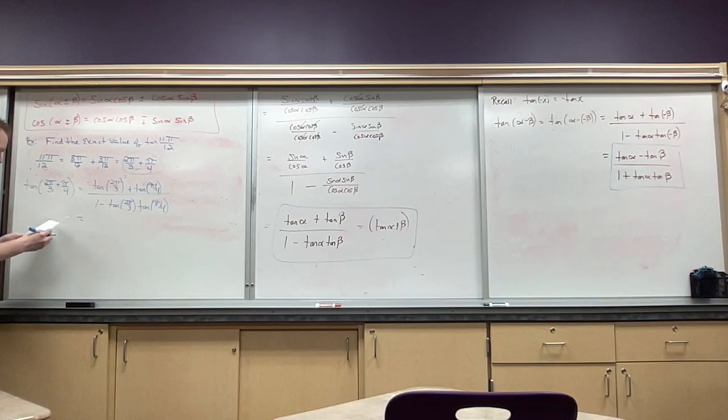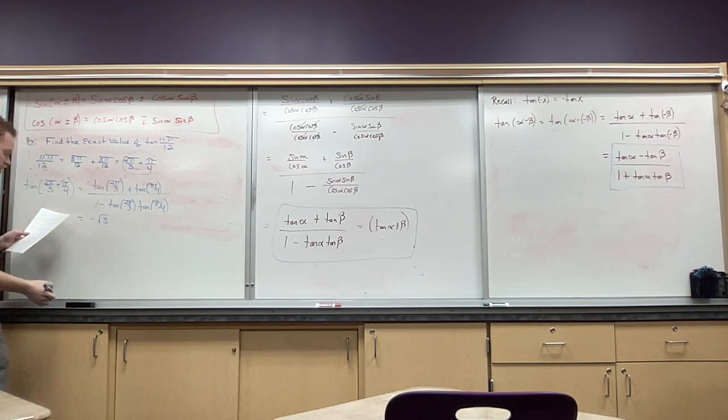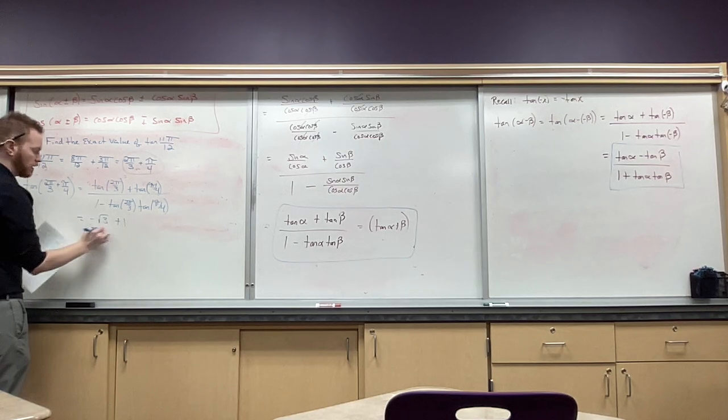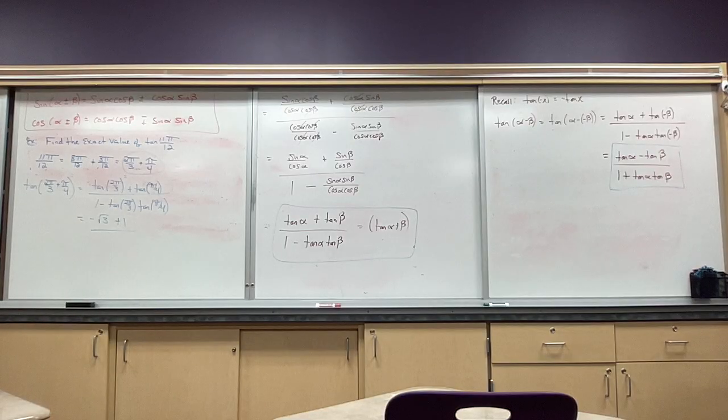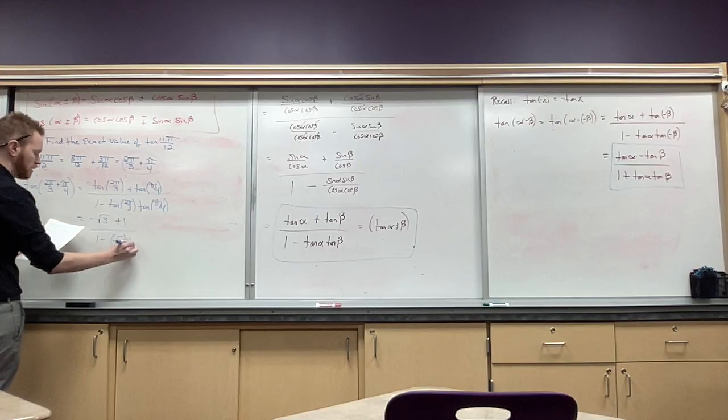Okay, so let's find each one. So 2 pi over 3, that's in quadrant 2, so tangent's negative there. So this becomes negative square root of 3. Pi over 4 is just a 1. On the bottom, we get 1 minus a negative square root of 3 times 1.